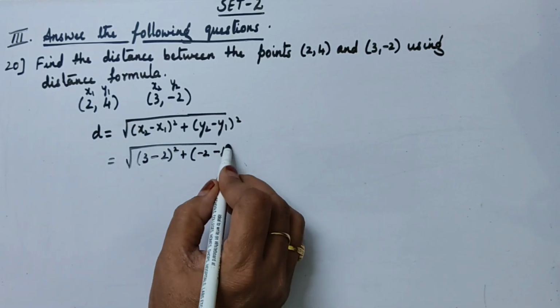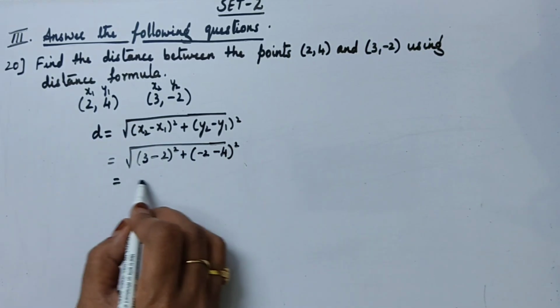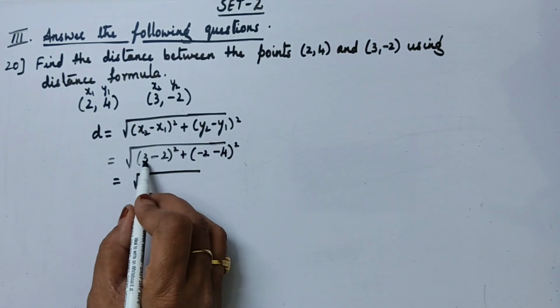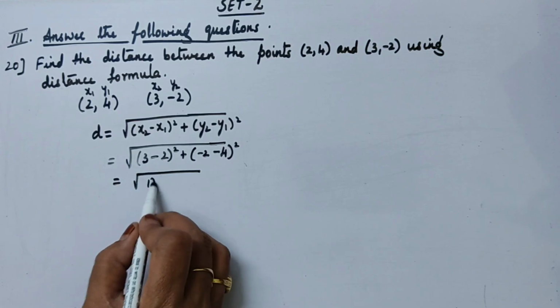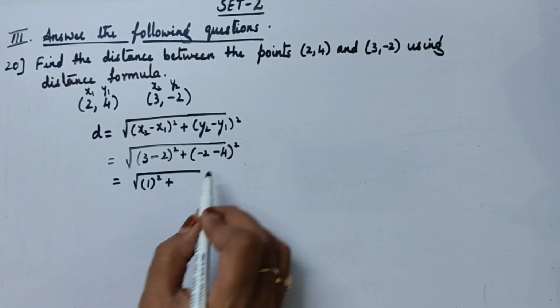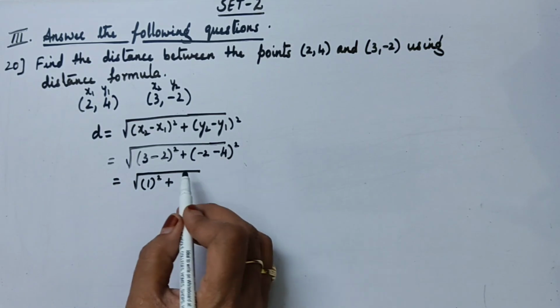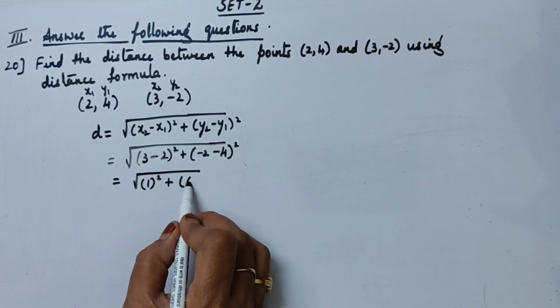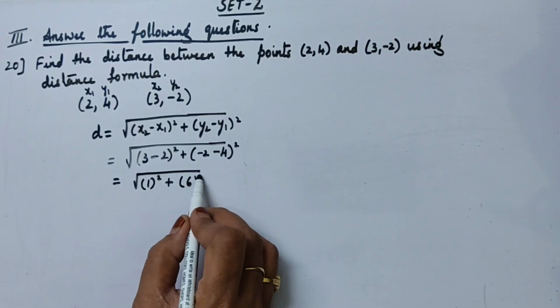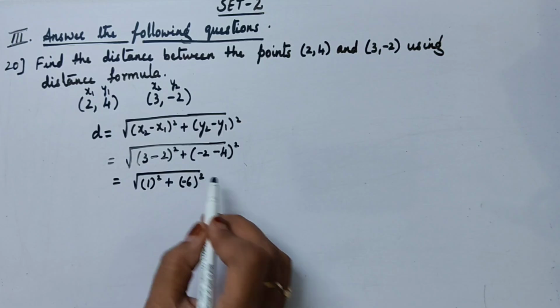y1 is 4. This is equal to, now 3 minus 2 is 1, 1 square plus, minus into minus is plus. Let us add the numbers. I'm going to get minus 6 whole square.